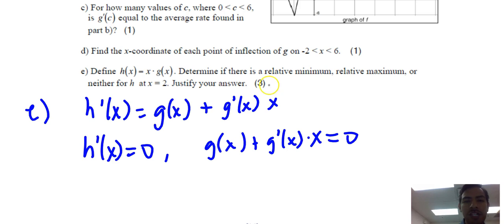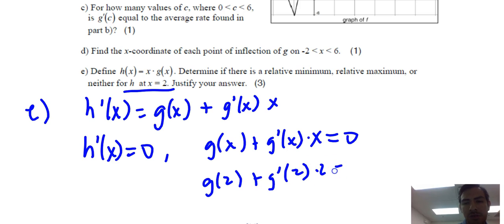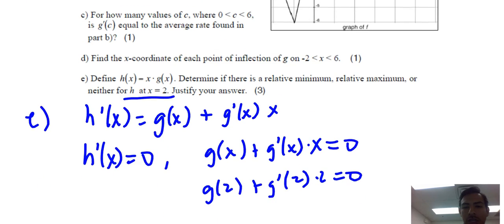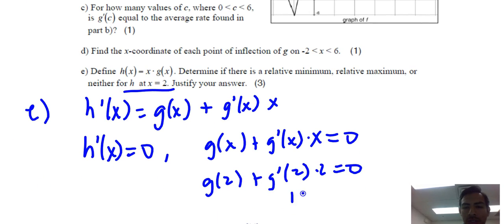Now I'm really interested in x equals 2. So I need g of 2 plus g prime of 2 times 2 equals 0. Oh, tricky. G prime of 2 we already had; I think g prime of 2 was 1, so we have 1 times 2.